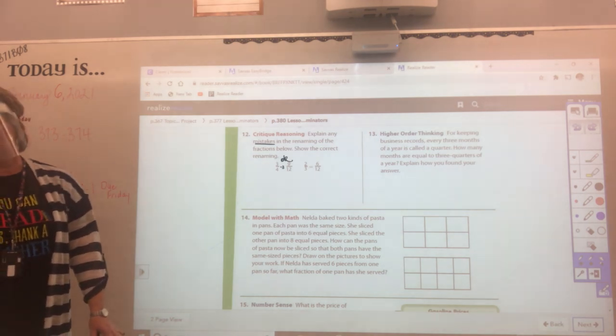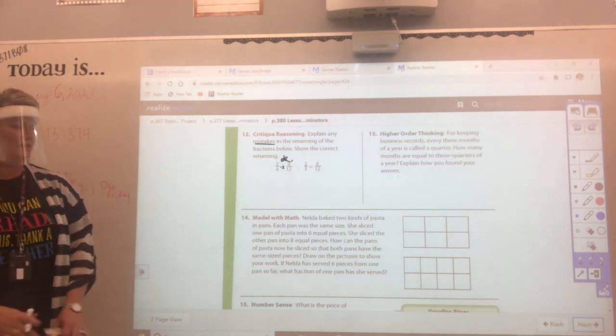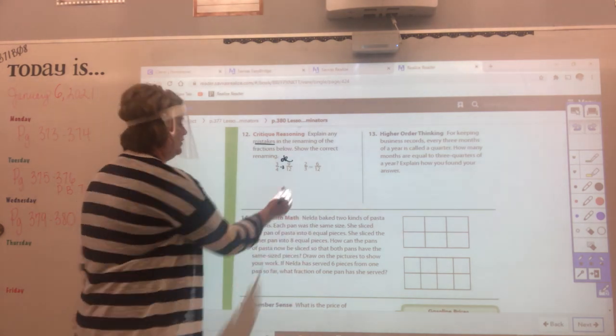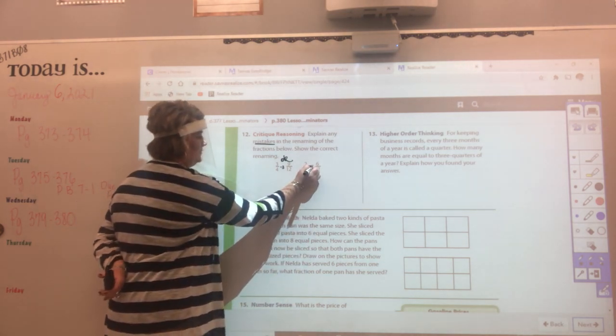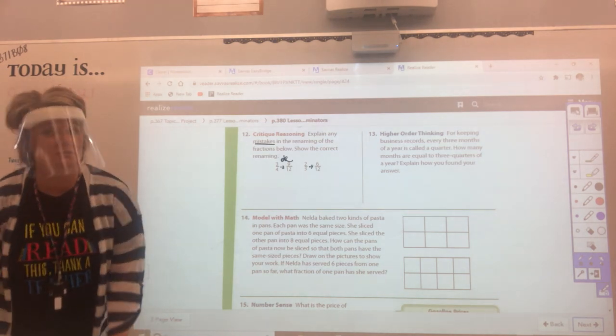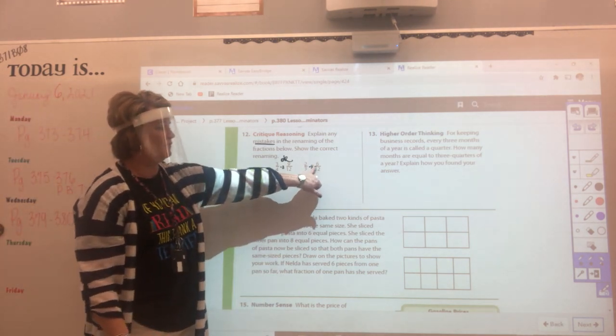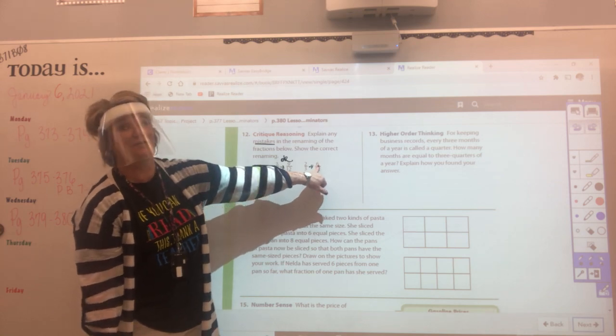So the mistake must be over here on the second one. How do we go from 3 to 12? 3 times what gets me 12? So put times 4 right there. So if you multiply the bottom times 4, you got to multiply the top times 4. Is 2 times 4 6? No. What's 2 times 4? 8.